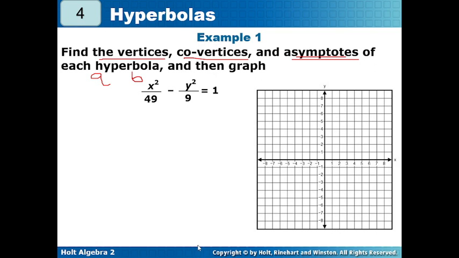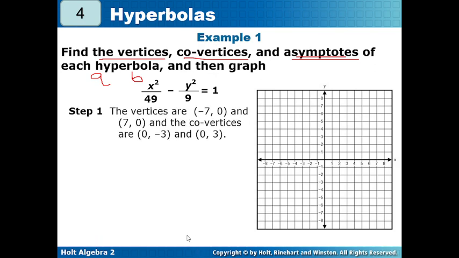All right, so with this, step one is we could see that 49 is a squared, right? So a squared is equal to 49 because from the standard equation, what is your standard equation? Your standard equation is x squared over a squared minus y squared over b squared is equal to 1, correct?